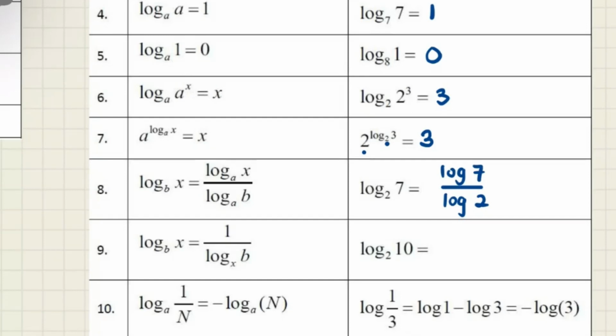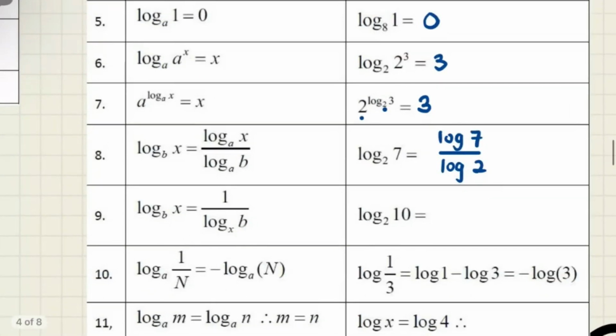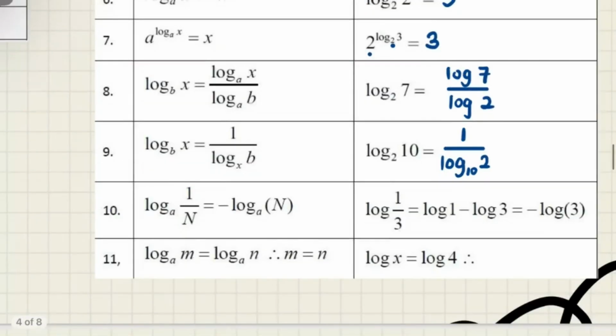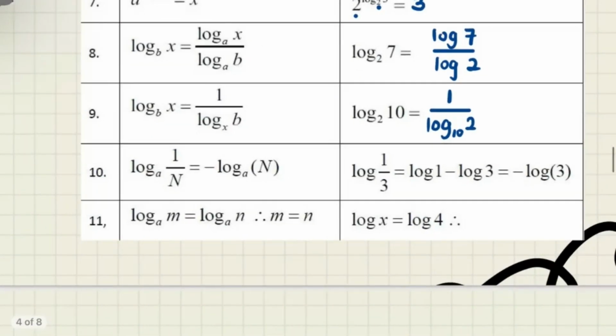Okay, and then kalau log of X with base B boleh juga ditulis sebagai 1 over log of B with base X. So ini kita boleh swap dia dengan ini dengan syarat akan jadi 1 over. So this means here it will be 1 over log of base 10 2. Okay. And last sekali, okay, ada dua yang terakhir.